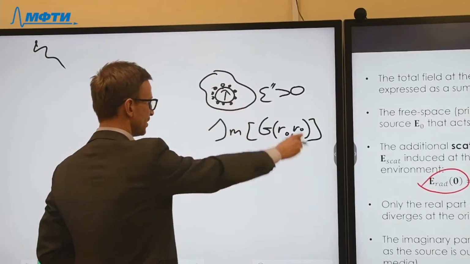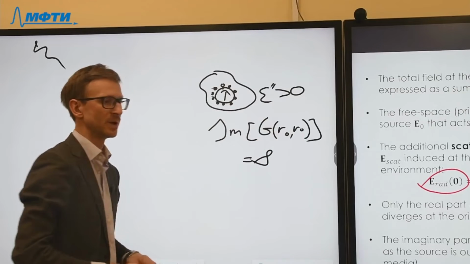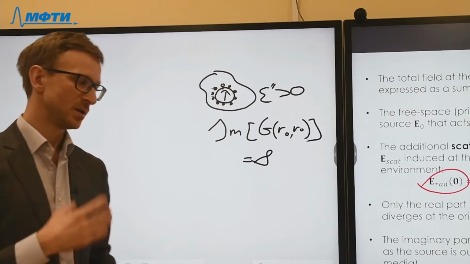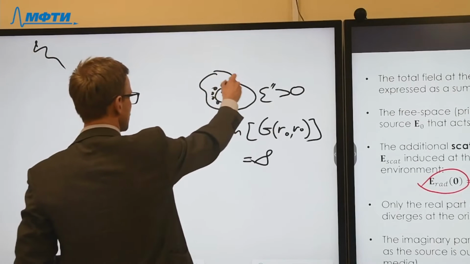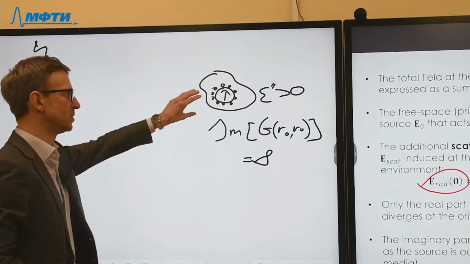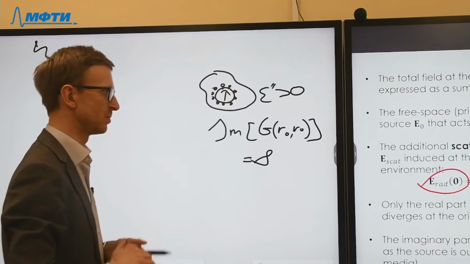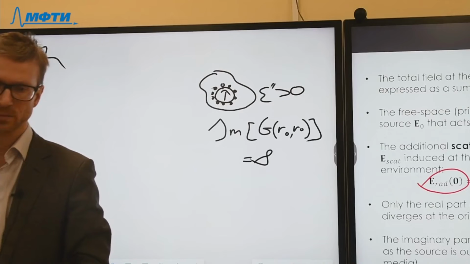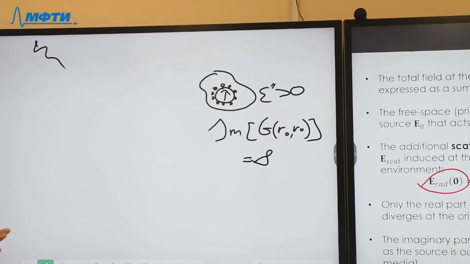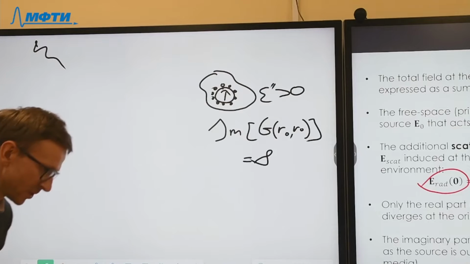So although technically the imaginary part will be infinite, the absorption rate will not be infinite, because by assuming that there is a finite distance between the source and absorbing pieces of matter, we avoid the singularity. But this is a very technical matter, and to do that properly, you need to introduce a non-local description of matter, which is far, far beyond the scope of our course.